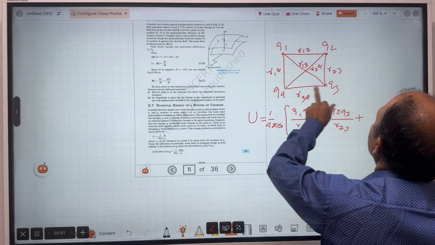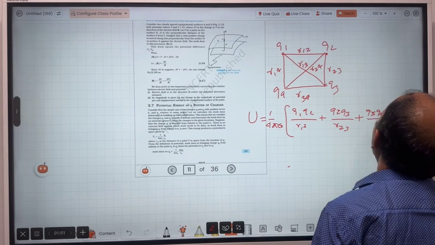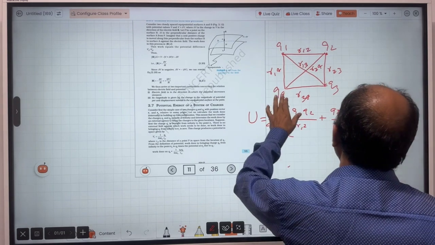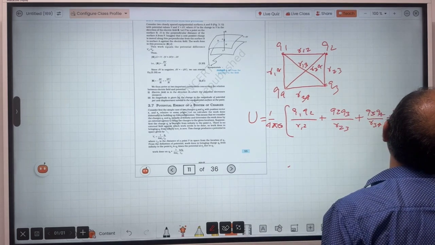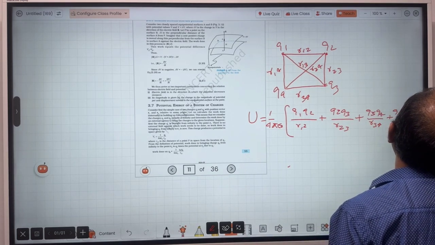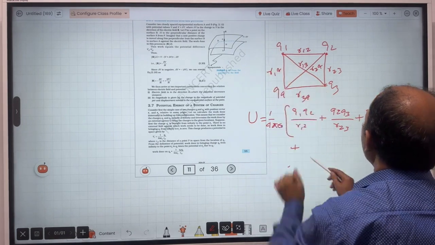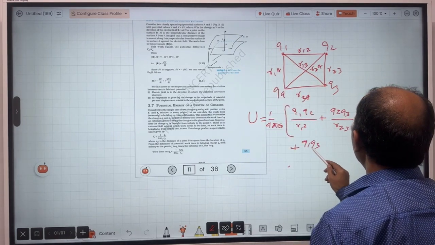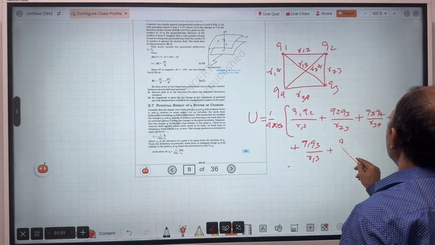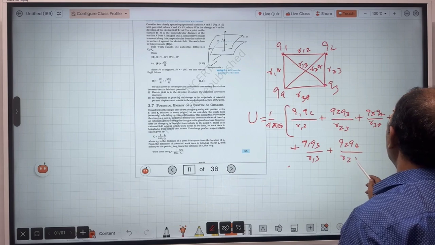Then Q3 Q4 divided by R34. Then Q1 Q4 divided by R14, plus Q1 Q3 divided by R13, plus Q2 Q4 divided by R24.